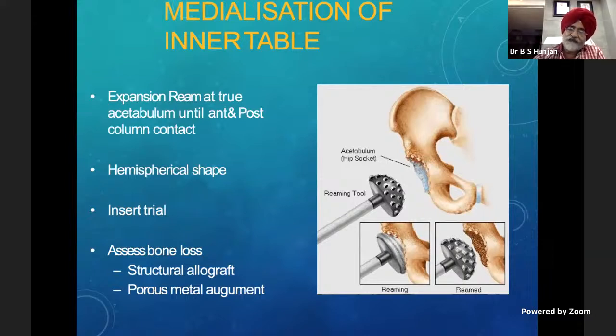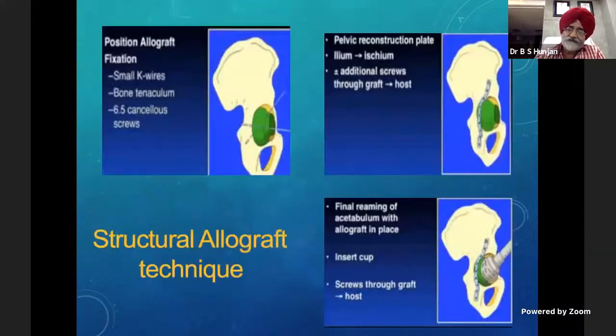When we insert the trial, then we assess the bone loss, and a structural allograft or porous metal augment can be put if it is not stable.